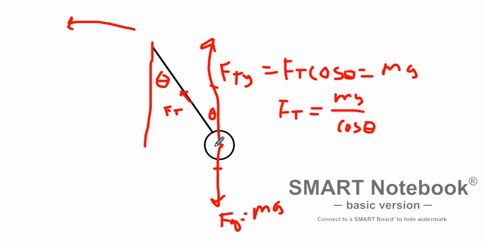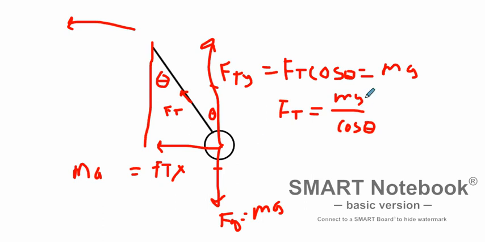Well, the force going in this direction is force tension x, and that's the opposite side of this. So force tension x is going to be equal to force tension times the sine of theta. And force tension x is what's causing this ball to accelerate, so that equals ma.